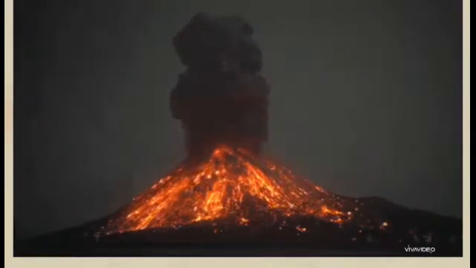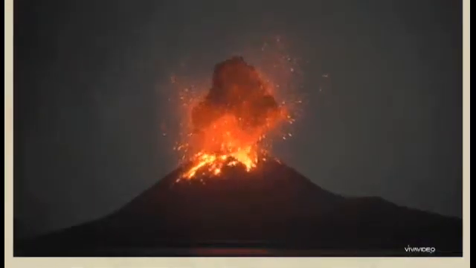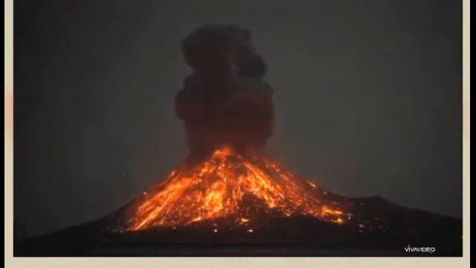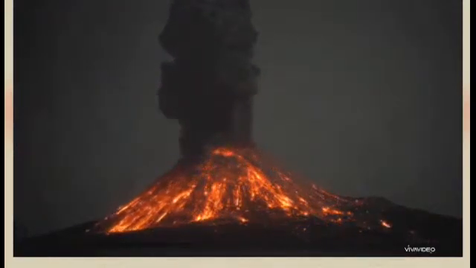Eventually, some of the magma pushes through vents and fissures to Earth's surface. Magma that has erupted is called lava. Some volcanic eruptions are explosive and others are not.